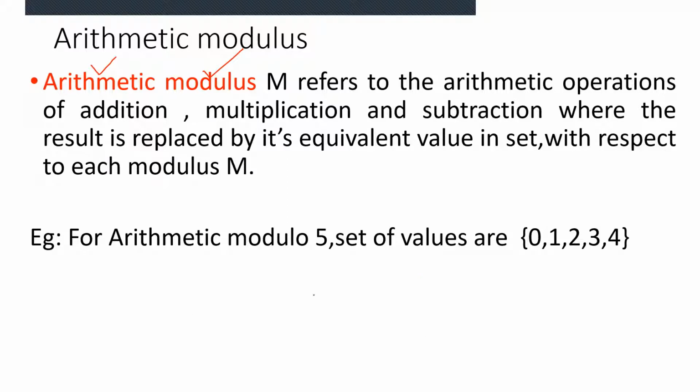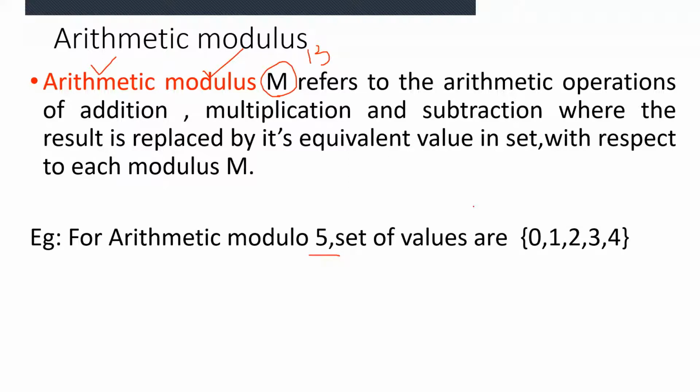Here, modulus of m means you can find mod with any number. M can be 1, 2, 3, any number. First we see one example with arithmetic modulus of 5. For 5, we first set the values ranging from 0 to 4. If you take a number like 13, the set of numbers will be from 0 to 13 minus 1, that means up to 12.